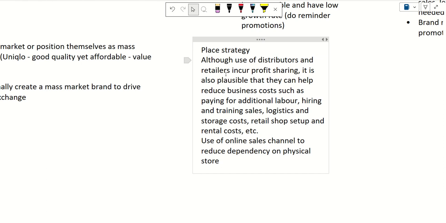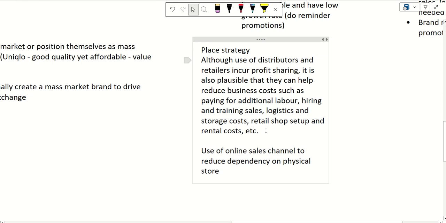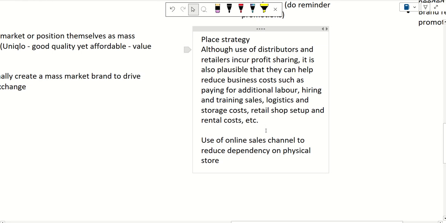So in a sense, the business costs can be reduced. Of course, you have to share the profits with them in order for them to sustain their own business operations. So it really depends on whether or not the case will guide you as to whether or not this point can come up as a way to help you reinforce your reasoning.